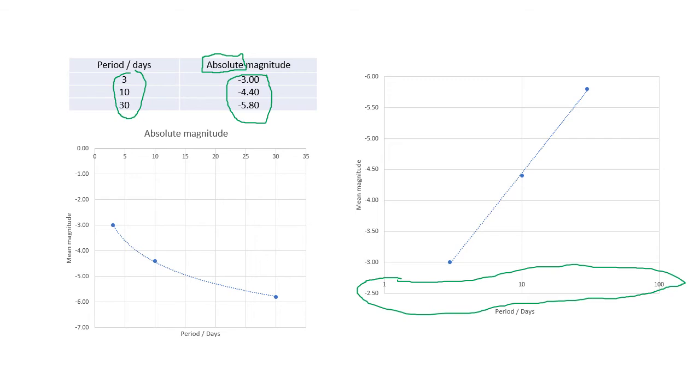But what I've done here is I've reversed it so that as we go up here, the value gets smaller and therefore we get brighter. And you can see that the relationship is now clearly logarithmic, because as my period increases logarithmically, my intensity increases logarithmically. Remember, magnitude scale is logarithmic.